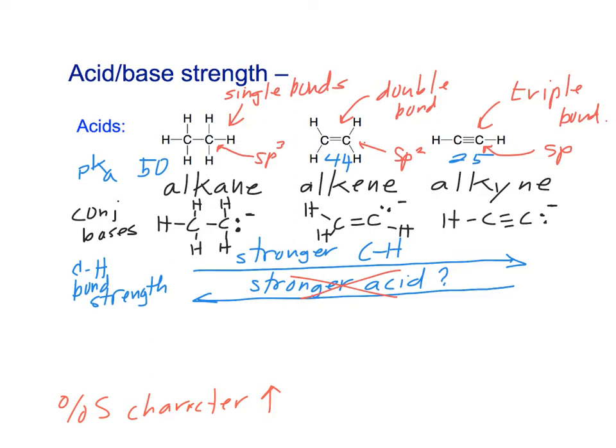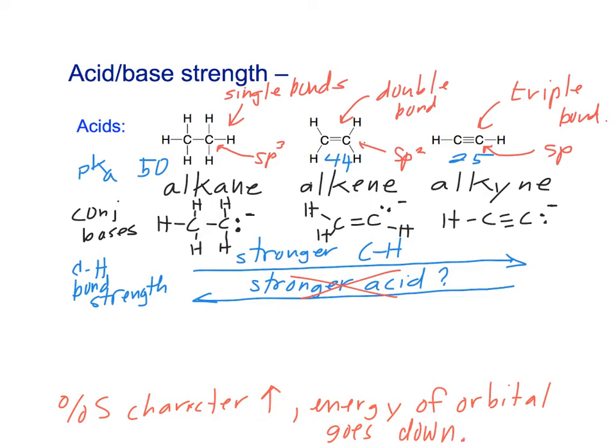So as the percentage of s goes up, the energy of the orbital goes down. This is of the hybridized orbital.